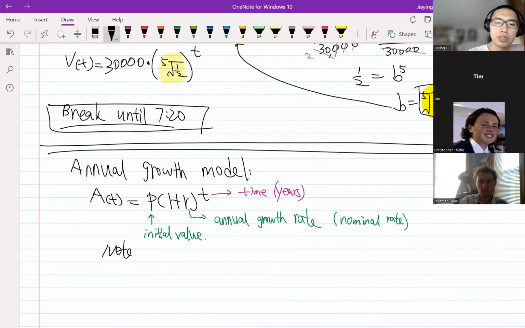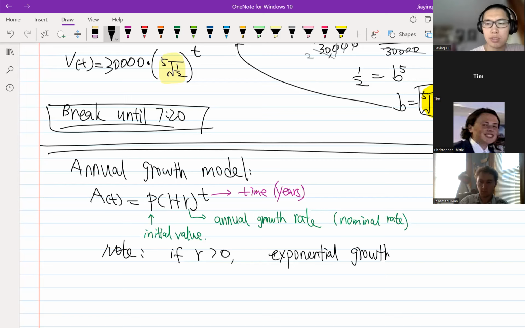And note, if r, the annual rate, is positive, we get exponential growth. And if r is negative, we get exponential decay.